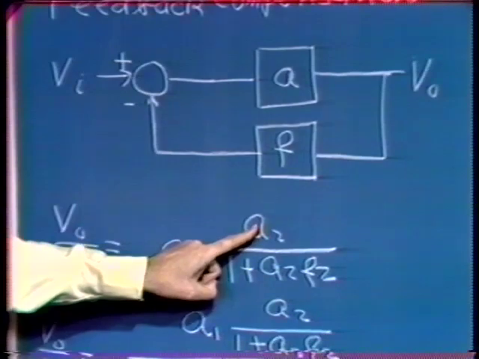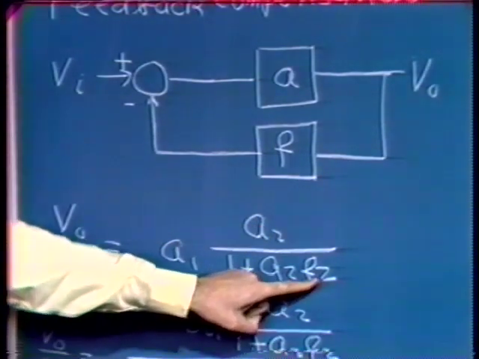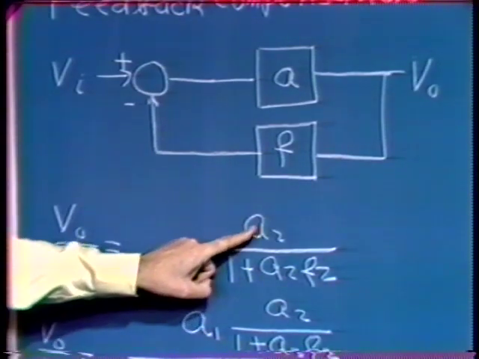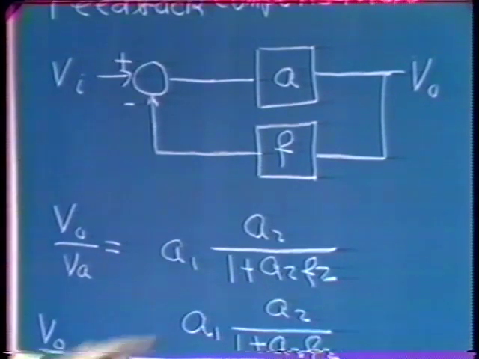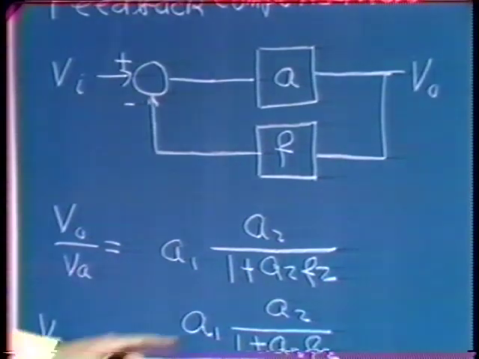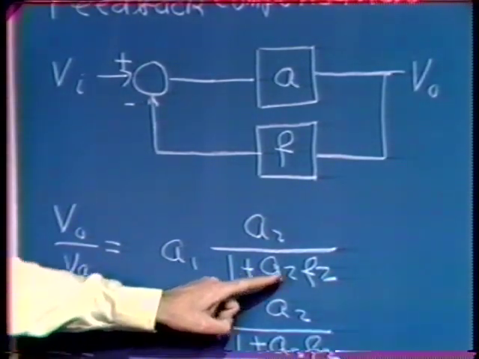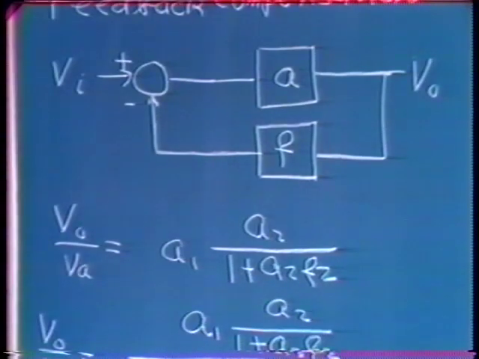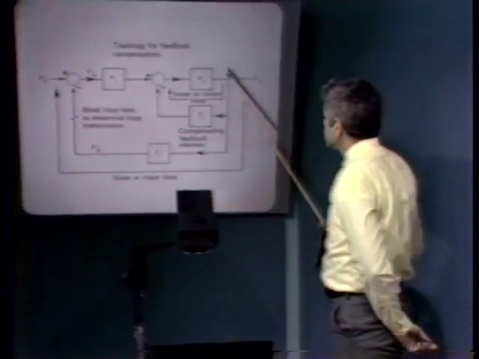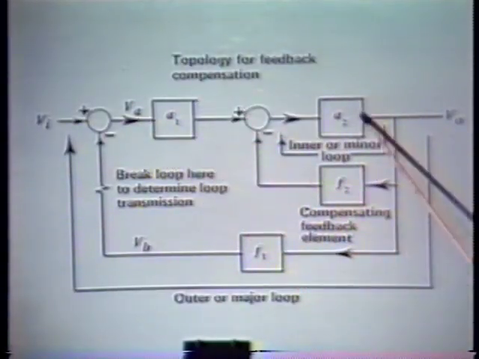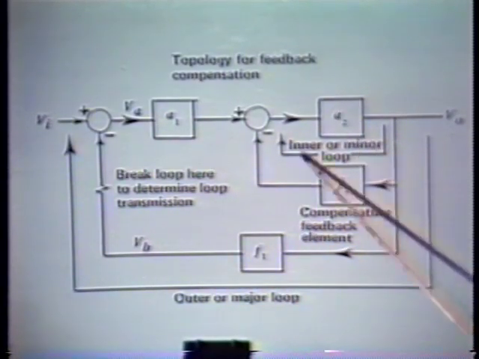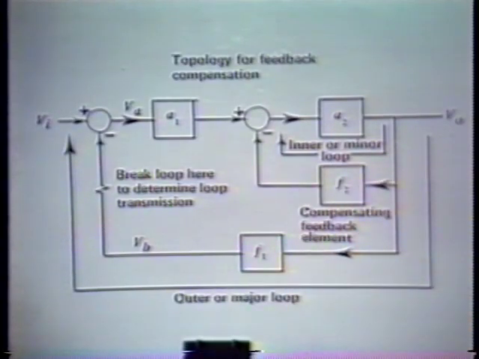The minor loop has a forward path, A2, and a feedback path, F2, and so when we collapse the minor loop, we get a transfer function from the input to the output of the minor loop that's simply A2 over 1 minus the transmission of the minor loop, in particular 1 plus A2F2. Consequently, the transfer function from here to here, effectively the forward path of the major loop, is simply A1 times A2 over 1 plus A2 F2.